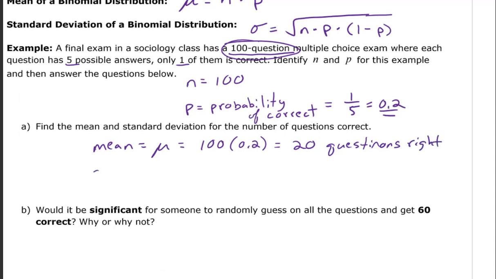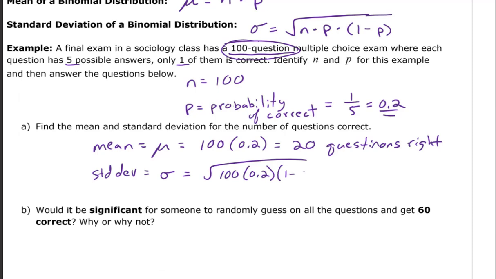And then for your standard deviation, you can use your formula. Square root of n, so that's 100, p, 0.2, and then q, or 1 minus p, which will be 1 minus 0.2, which will be 0.8.